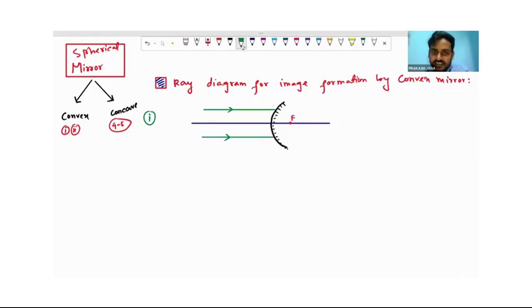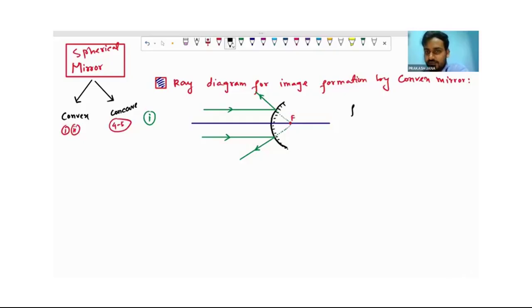Then after reflection, the reflected ray will go like this, isn't it? Similarly, we draw the ray diagram for this one. So this is the ray diagram. The image will be formed at the focus.